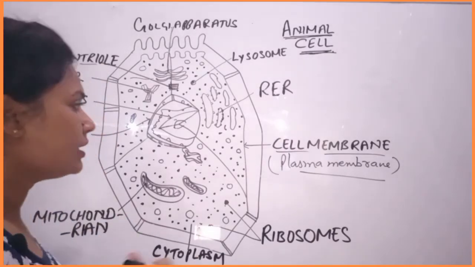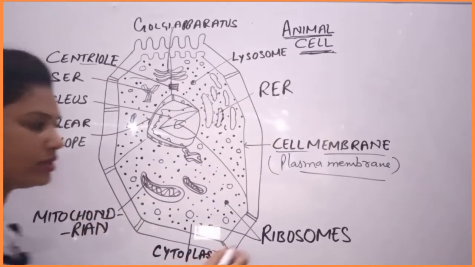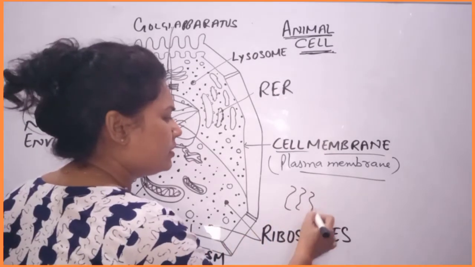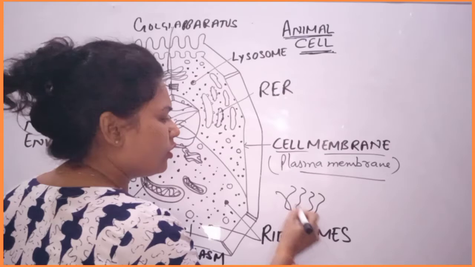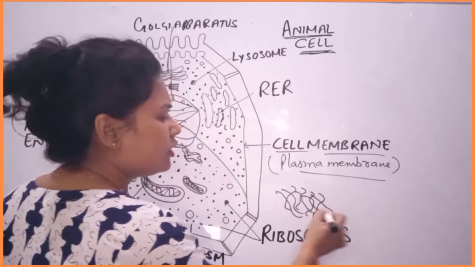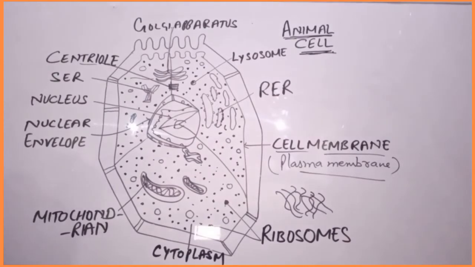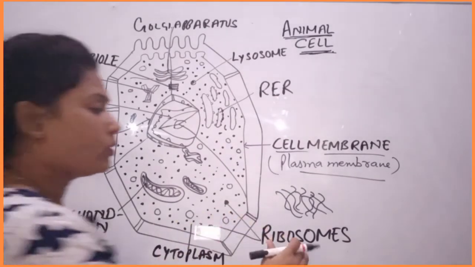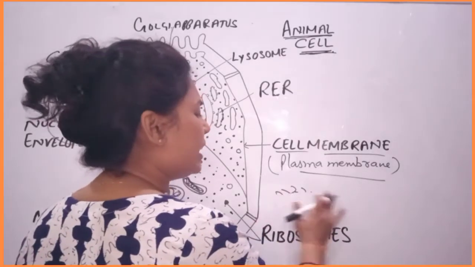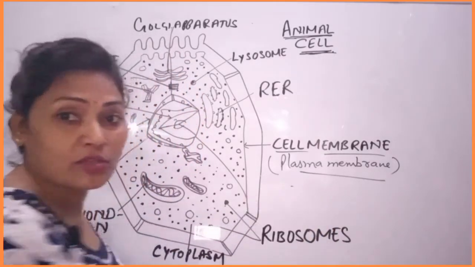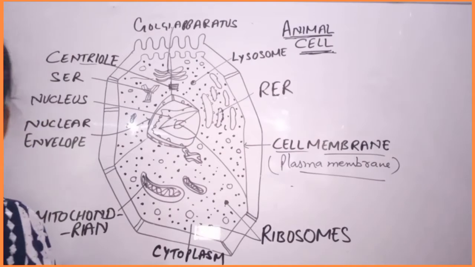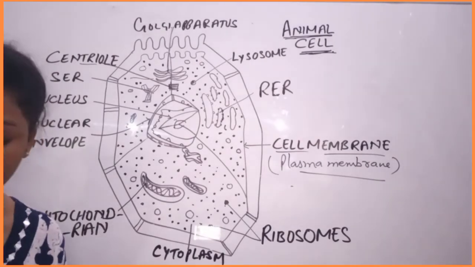These are the chromatins which are present inside the nucleus, and they transfer the characters from parents to their offspring.